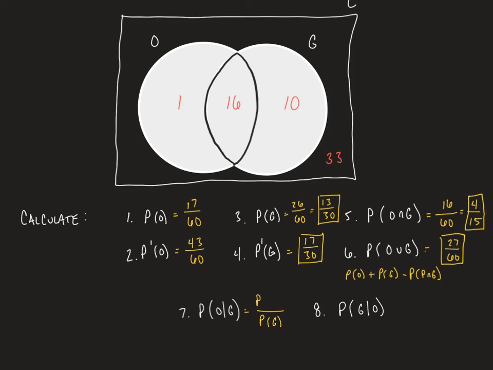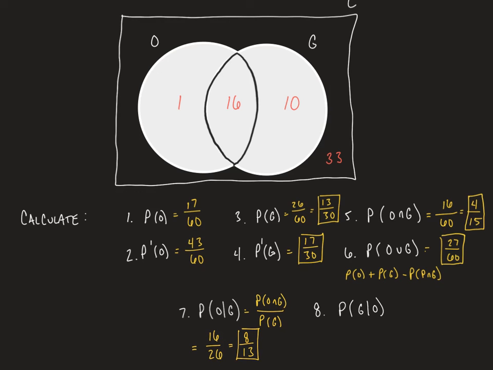And our numerator is the intersection of these two events. All right, so how many people wear glasses? Well, there are 26 people wearing glasses in the crowd. And then of those 26 people, how many of them are both over 60 and wearing glasses? And that's just these 16 people. So 16 out of 26, I can reduce that to 8/13.